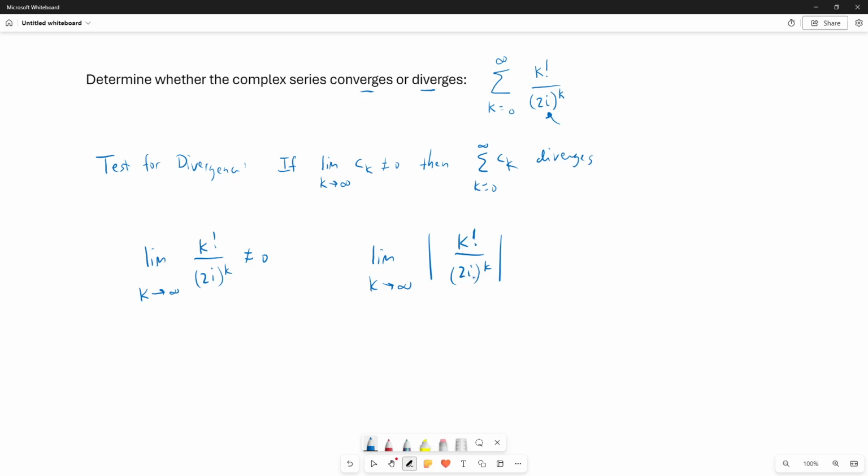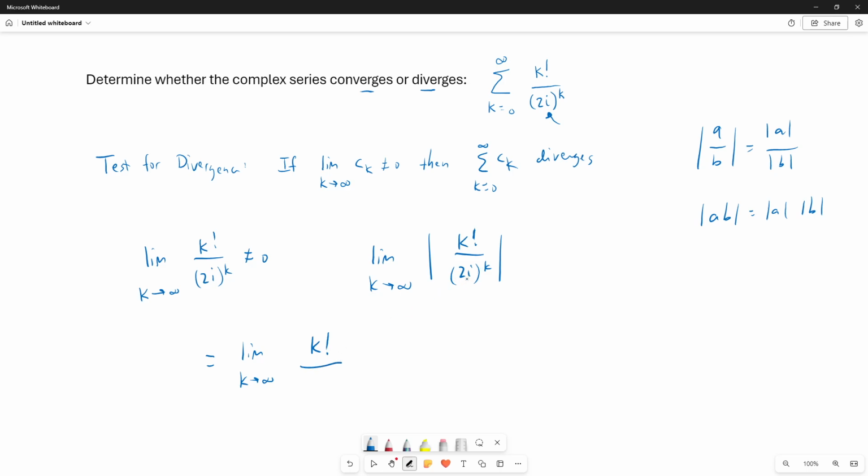So we'll use some properties of the modulus. The modulus of a fraction is the modulus of the numerator divided by the modulus of the denominator, and the modulus of a product is the product of the moduli as well. So this limit is equal to the limit as k goes to infinity. The modulus of k factorial is itself, because that's just a positive real number.